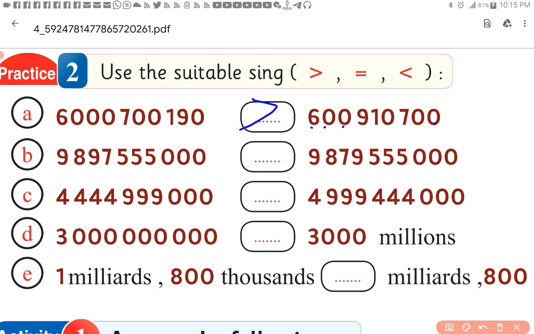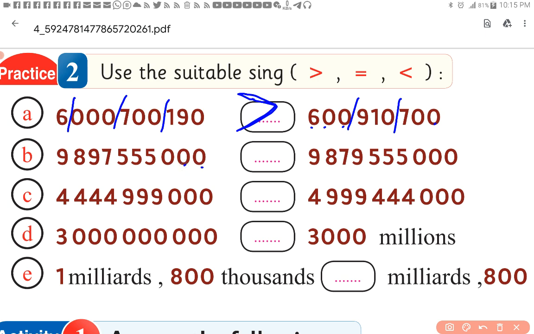So you will put the sign greater than. To read the first number, separate each three digits. 6,700,190. Second number, 600,910,700.